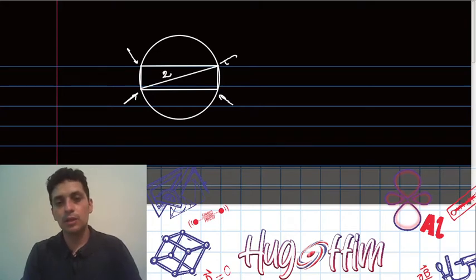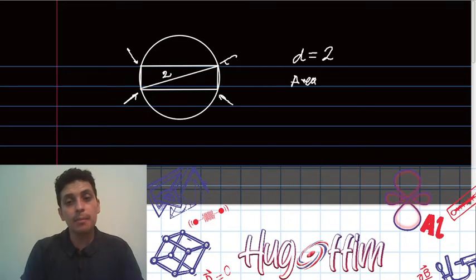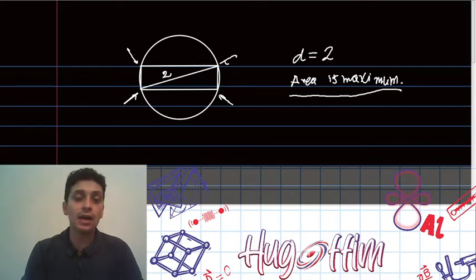We're going to find the dimensions of the rectangle whose area is maximum.